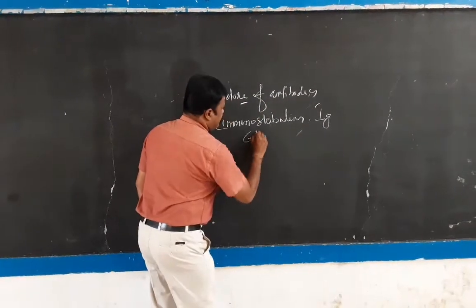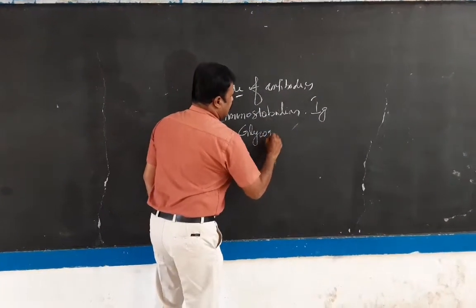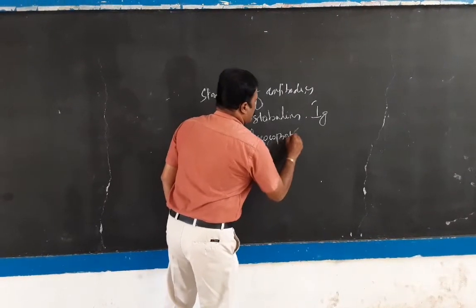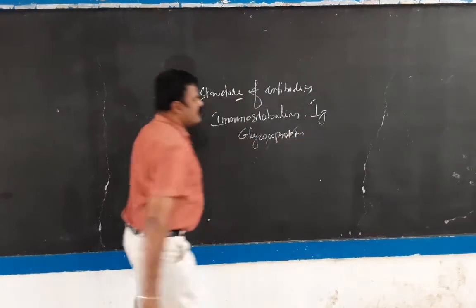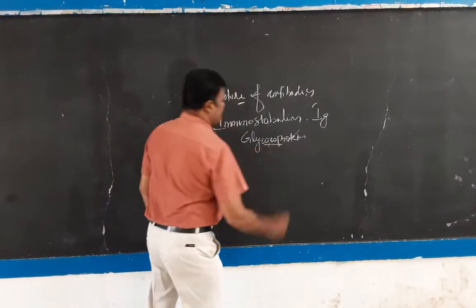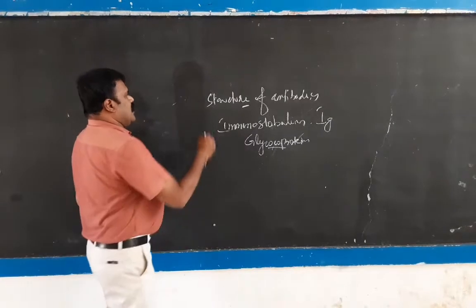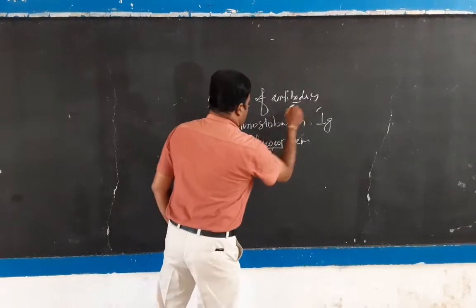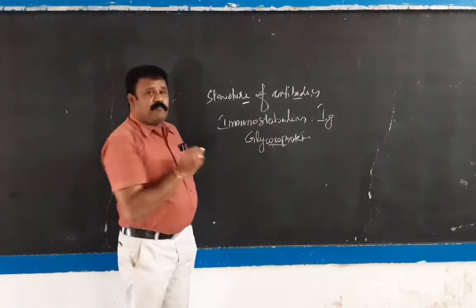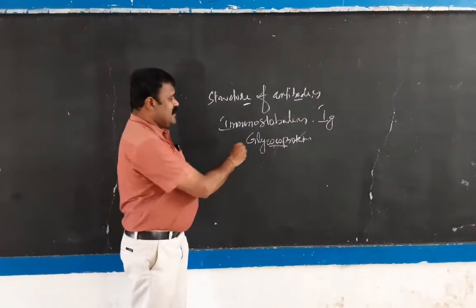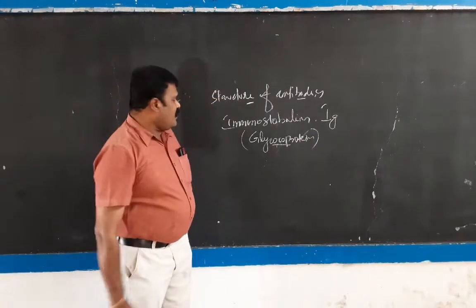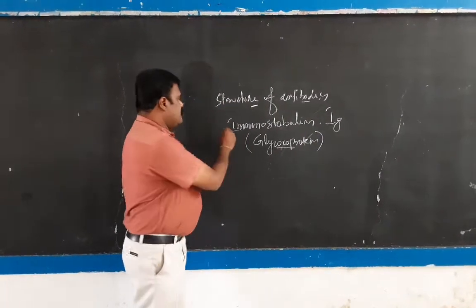They are made up of amino acids and carbohydrates, so we call them glycoproteins. So antibodies are also called immunoglobulins. Immunoglobulins are made up of carbohydrates and amino acids, so they are said to be an example of glycoproteins.